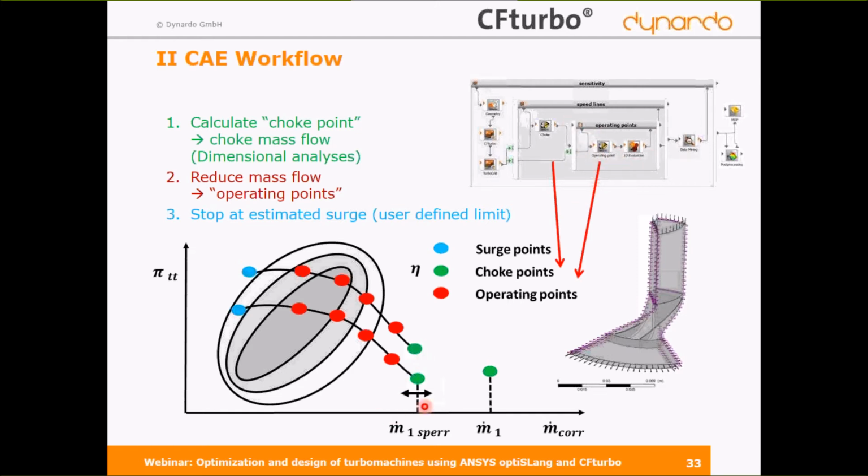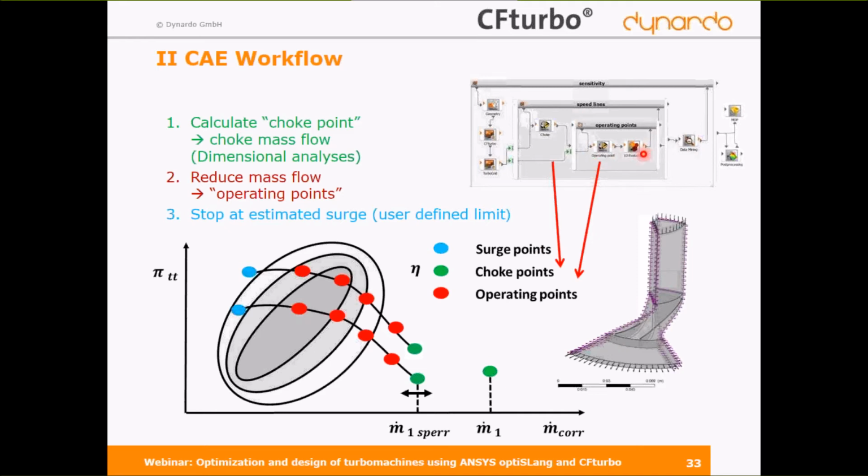So starting from the found choke point, we constantly reduce the corrected mass flow and calculate one operating point after another. And then you have to stop at a certain point. This can be defined by the user. In this case, it stops when the efficiency drops the first time between two operating points.